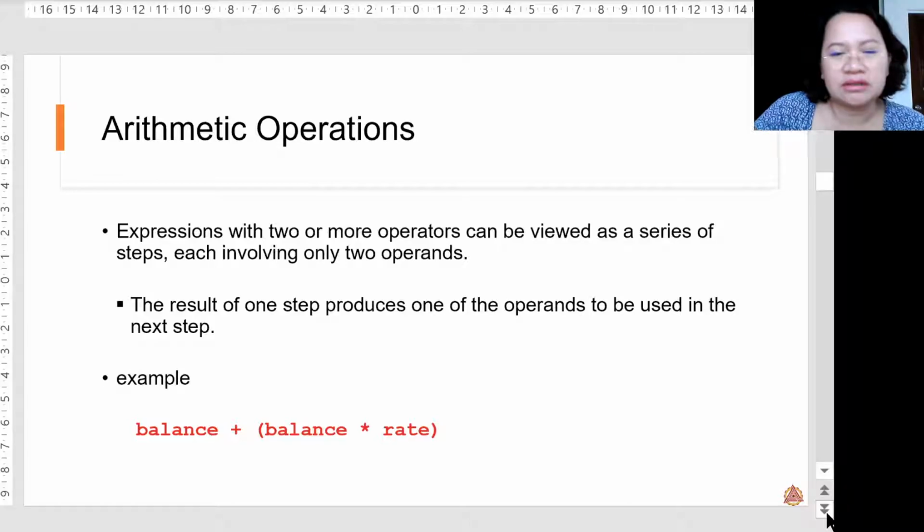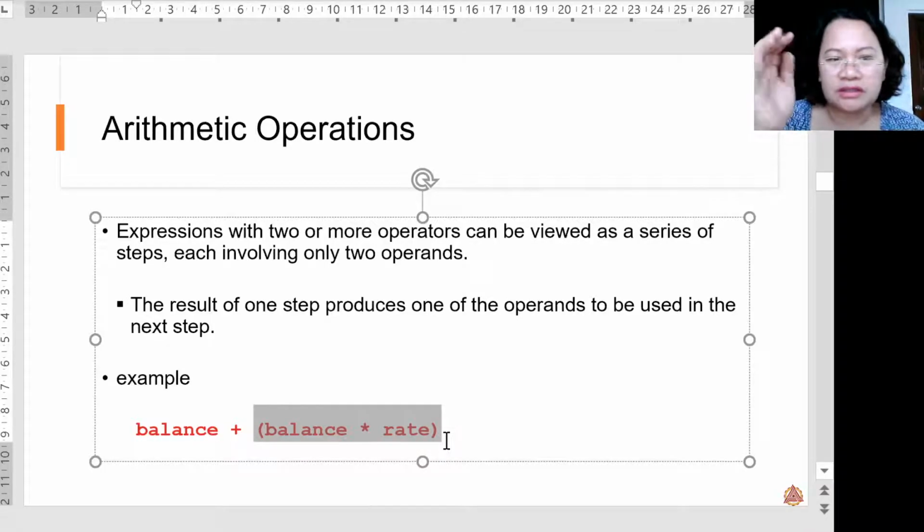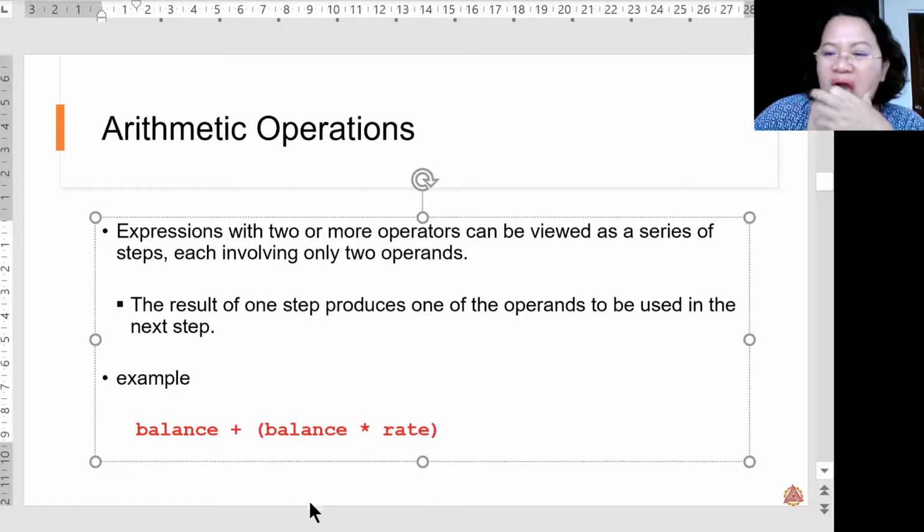In this example here, the way it's written, para ma-emphasize nga we want balance times rate evaluated first, then we use parentheses, no, to change the order by which the expression will be evaluated. So just like in math, we put parentheses because we want this to be done first before you combine with other expressions. Okay, so supposed to be, kung wala ni si parenthesis, mauna magyapon di siya o multiply, no? Or left to right automatic.